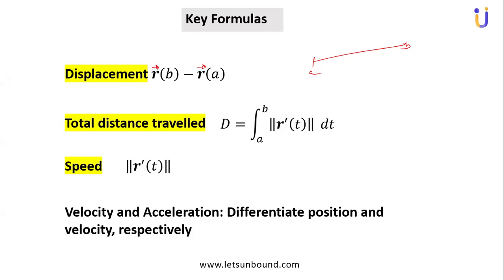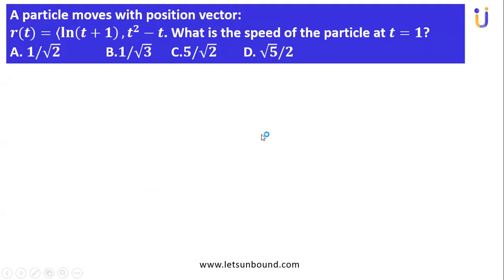Total distance traveled depends on integration between the bounds you give, of the magnitude of the velocity, the rate of change of position. Now speed we know. For velocity, differentiate position, and for acceleration, differentiate the velocity. The same stuff with different notations.